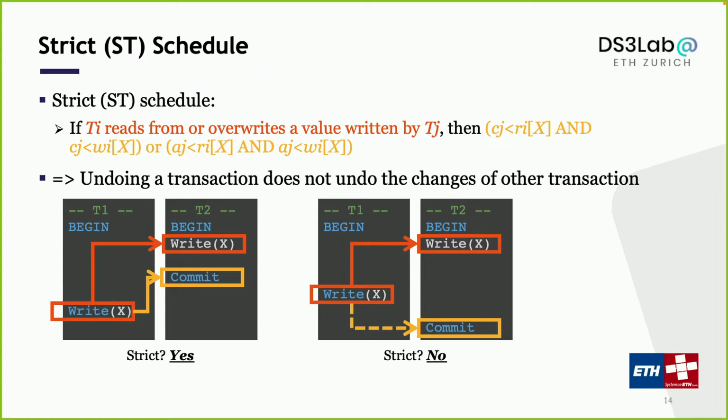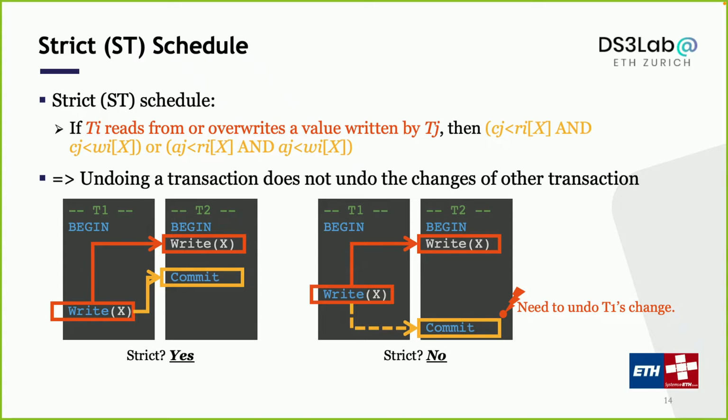So what's the problem if a schedule is not strict? In this case, imagine the system crashes here and I need to undo T2. When you recover, I have to overwrite the changes already done by T1, because I have to recover the value of x as if T2 never happened.